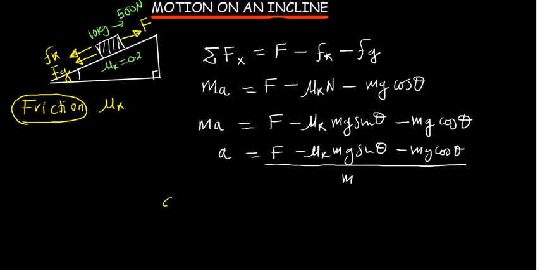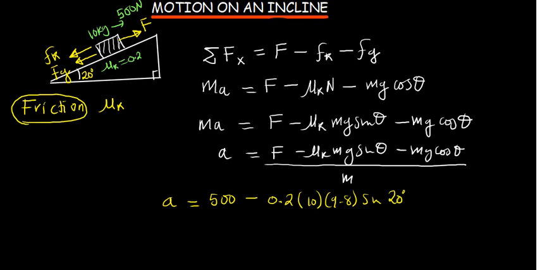So the acceleration is going to be given by the applied force, which is 500 newtons, minus mu_k. Make sure that mass is always in kg. This is not chemistry where you use mass in grams. So mu_k is 0.2, mass is 10, gravity 9.8, and then sine. Let's say the incline is at 20 degrees, sine of 20 degrees.